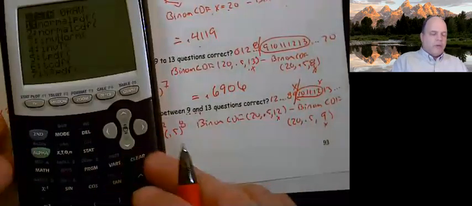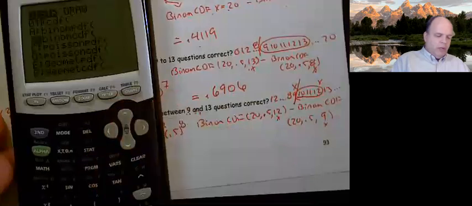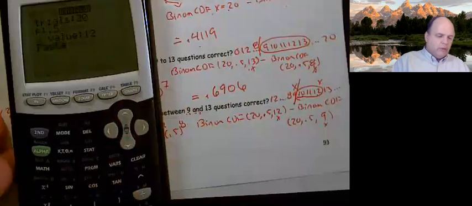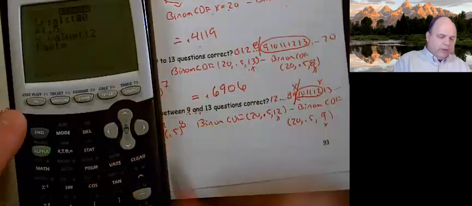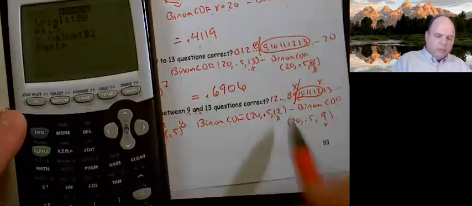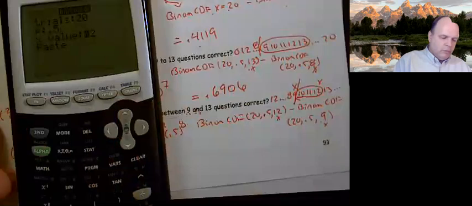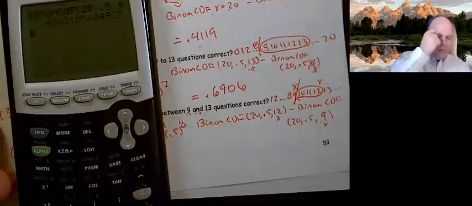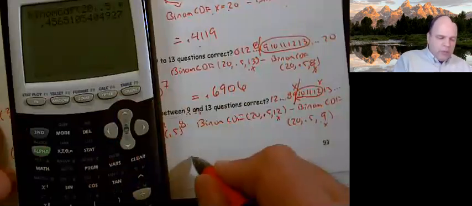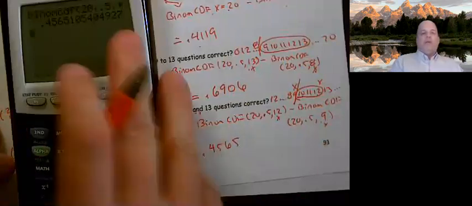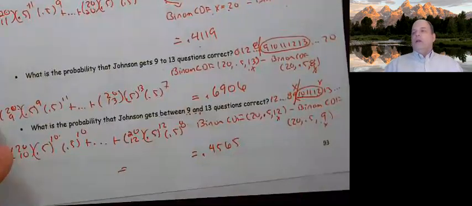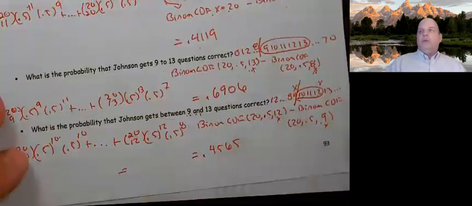Second vars, binomial CDF, 12 minus second vars, binomial CDF. This time x is 9. And we end up getting 0.4565. All right, so that concludes our notes on the binomial distribution.